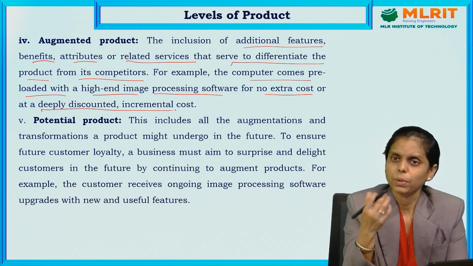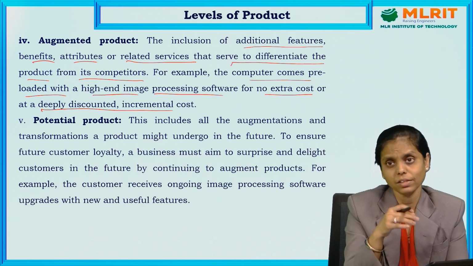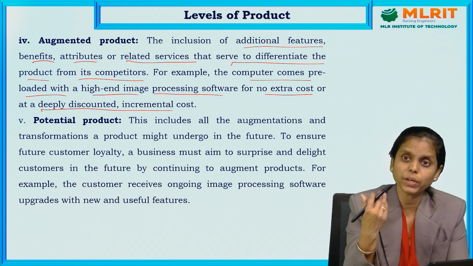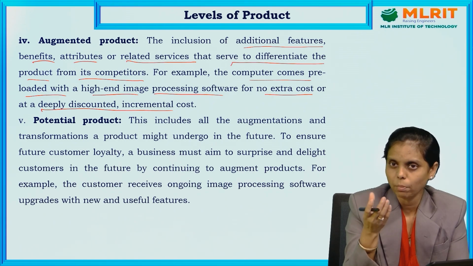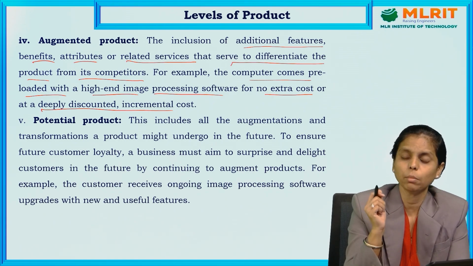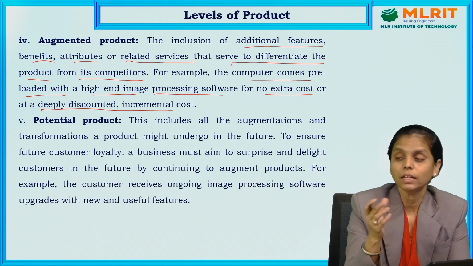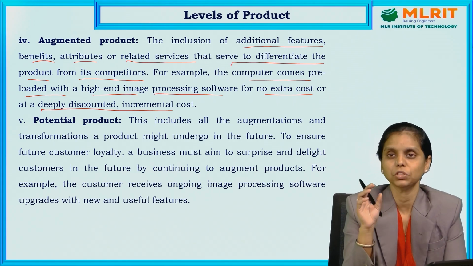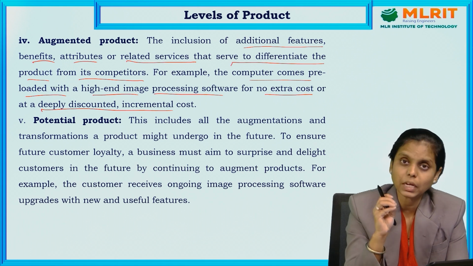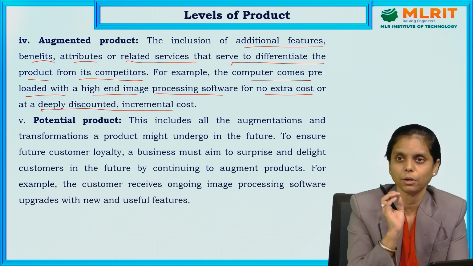Previously, when we purchased a laptop, we used to pay an additional amount to install different types of software. But as competition increases and many brands are available, we now expect the laptop to come with built-in essential features. That is the augmented product.